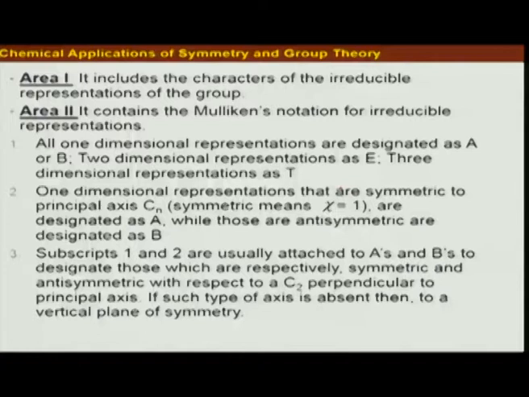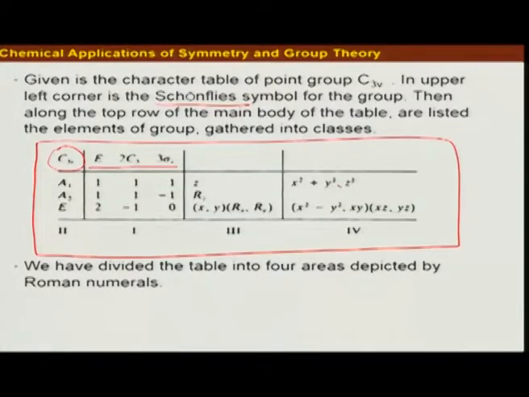So what does area 1 give me? Let's have a look at area 1. Here we have all the characters given. Each row, this row or this row or this row, gives me the characters of a different irreducible representation.